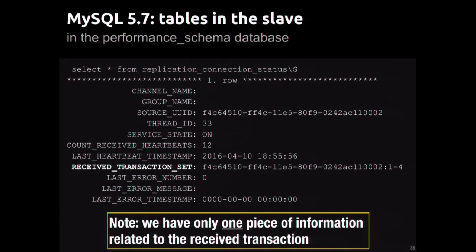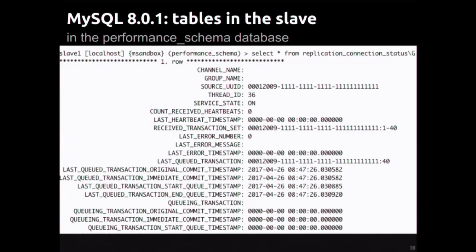Unfortunately, there is no corresponding information about which binary log and relay log this transaction is in. In MySQL 8.0.1, the previous table becomes like this. So you see that you have a lot of timestamps that tell you when the information arrived. So you still have only the information about what was received, but you know exactly when it was received and when the status changed.